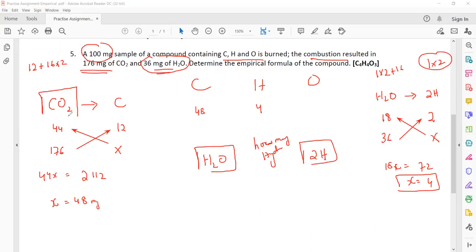One molecule of carbon dioxide contains 1 carbon atom. But what I wrote here is a mass. When I wrote the mass of carbon dioxide, it is 44 and the mass of carbon is 12. So we use the ratio whenever the mass of carbon dioxide is given.